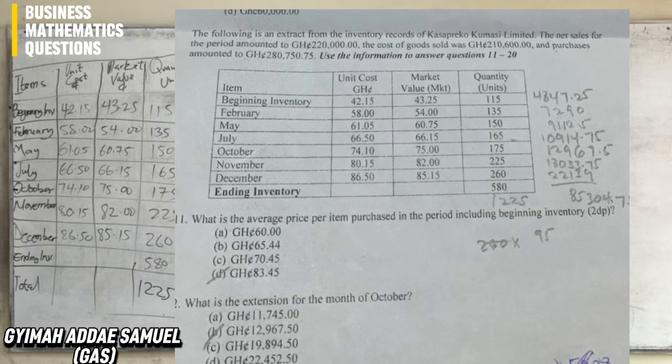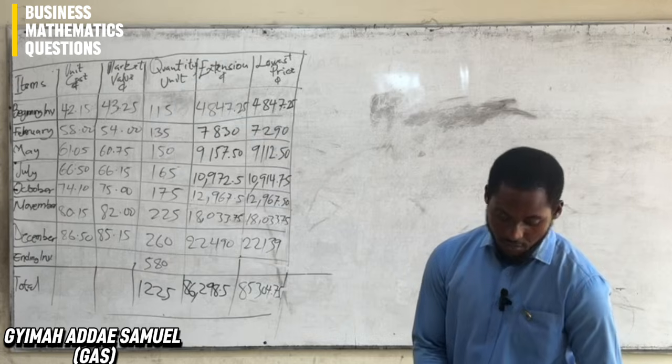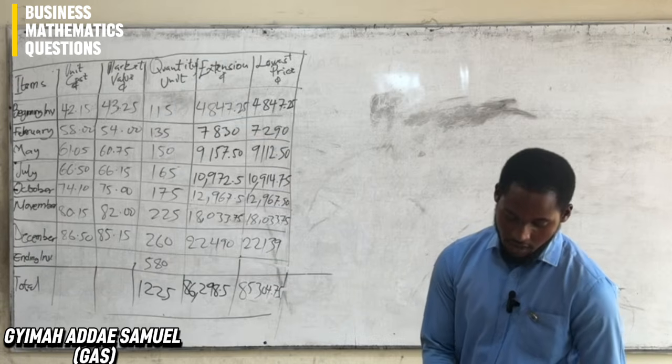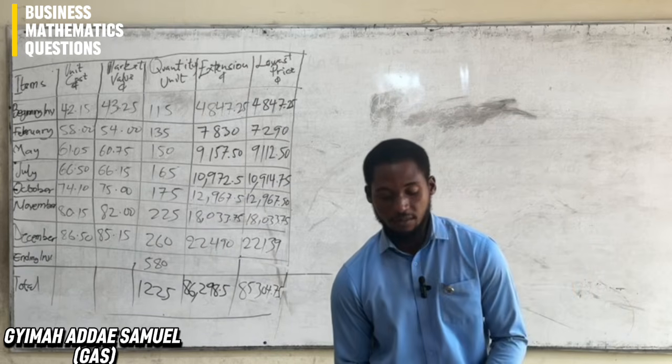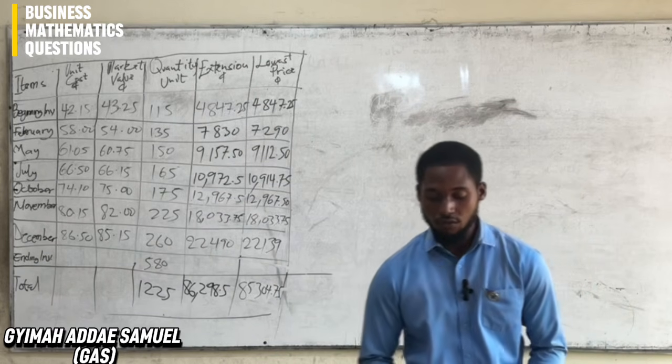So now we proceed to solve the questions beneath. Question 11 says, what is the average price per item purchased in the period including beginning inventory? The average cost has a formula, and the formula is total cost over number of units.